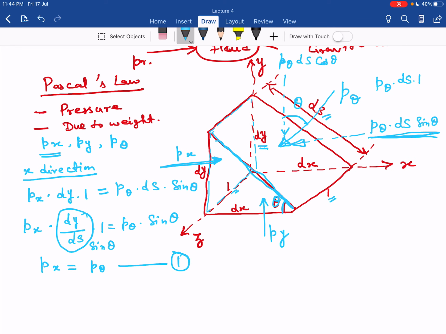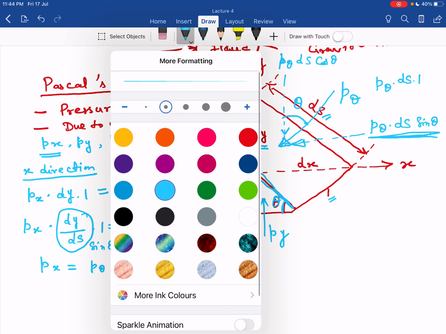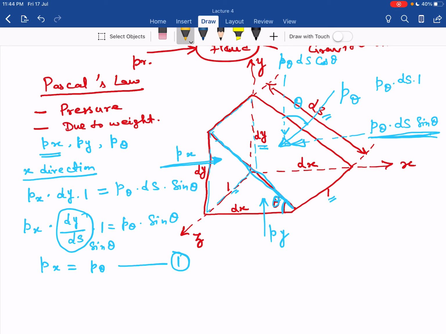Now you resolve forces along the y-axis. So along the y-axis we have the vertical force Py into area, this dx into 1, equal to this vertical component acting in the downward direction, p theta into ds into cos theta.